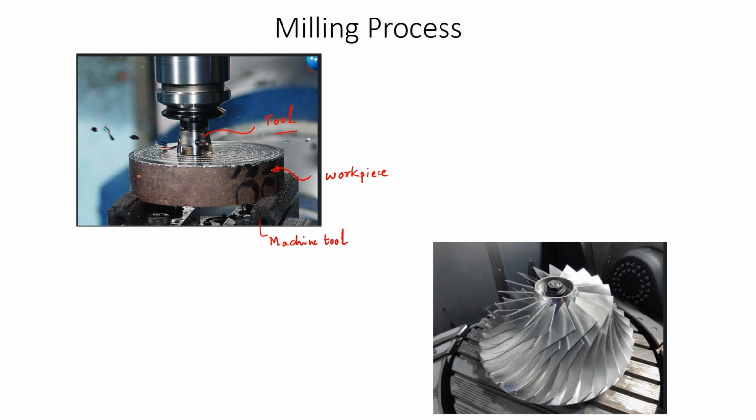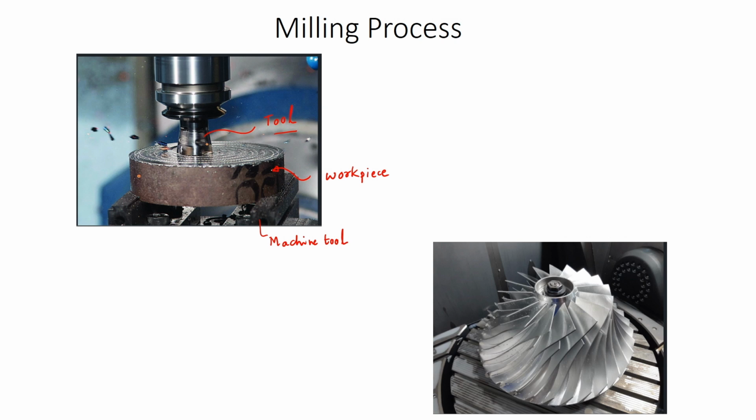So, there is a primary cutting motion, the tool is rotating at constant speed and we are feeding the uncut portion of the workpiece to the tool. As the tool comes into contact with the workpiece, there is a plastic shear deformation, and in this way we are removing the material in the form of chips.